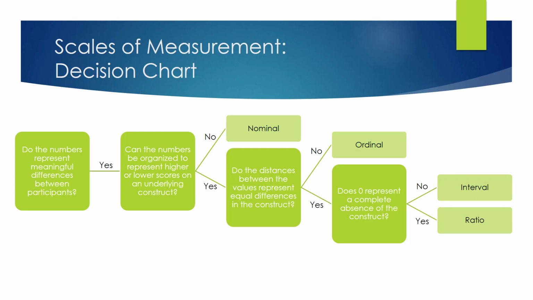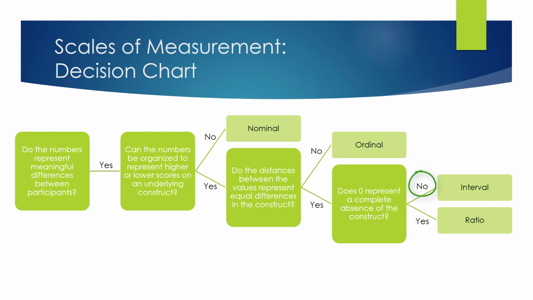And the way we distinguish between those is with the question, does 0 represent a complete absence of the construct? So again, going back to the racing example, if the individual in first place becomes our 0 point, so they cross the finish line, and then person 2 and person 3 come in, we took away the absolute 0 point.